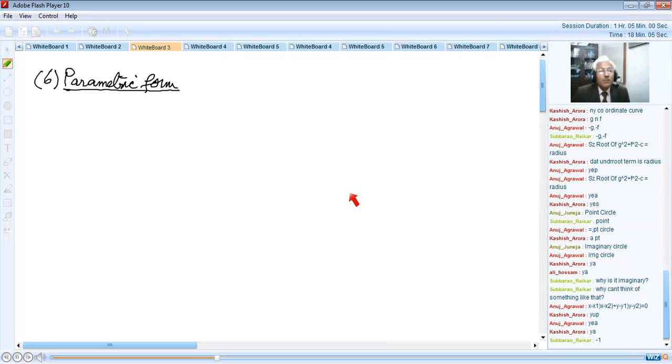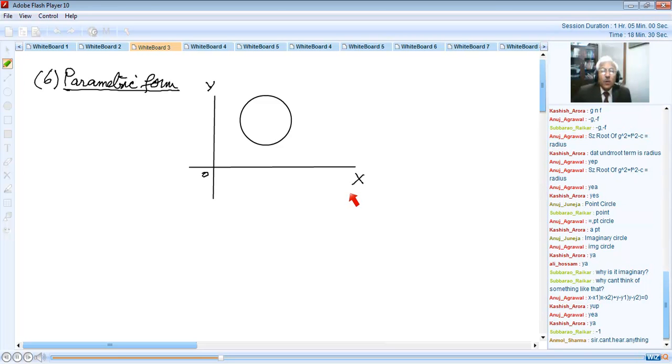That is, you have a circle over here. This is the x-axis and this is the y-axis, OX and OY.